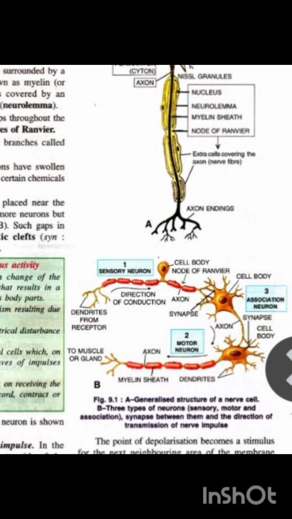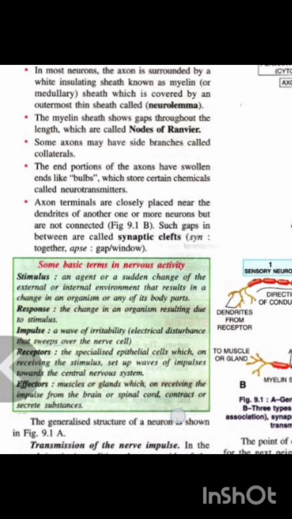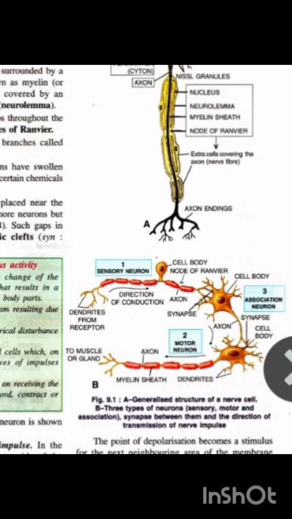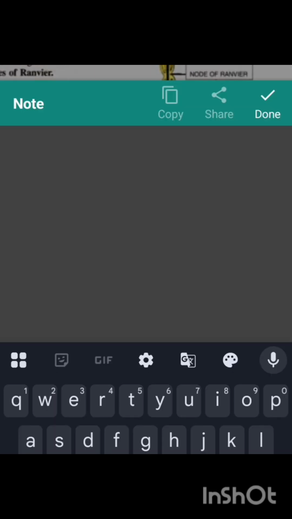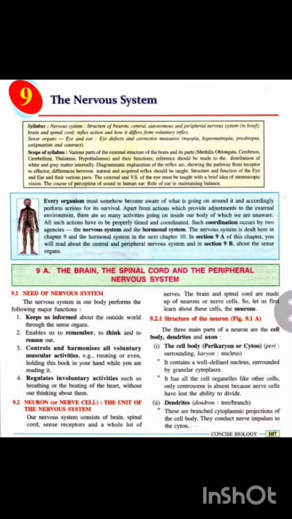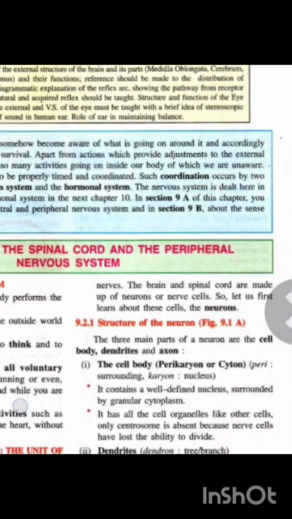And then we have axon, which is a long process from the cell body. So first of all, when we talk about the cell body, it is also known as perikaryon or cyton. Peri means surrounding, while karyon, as we all know, means nucleus. It has a well defined nucleus which needs to be remembered, and it lacks centrosome, and other than centrosome, all the cell organelles are present in it.